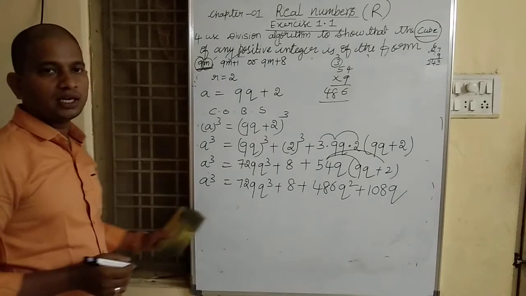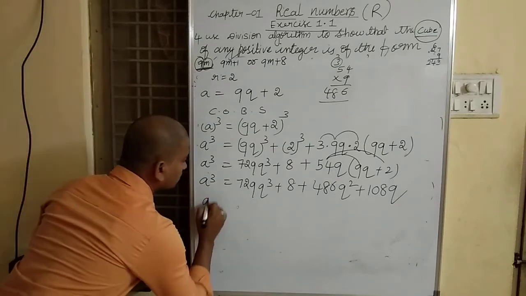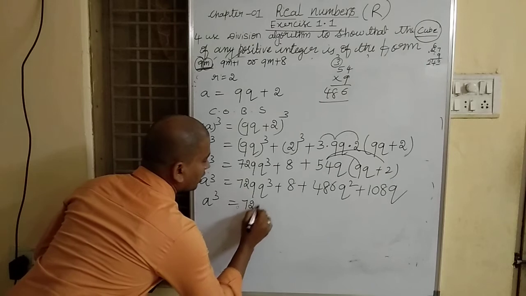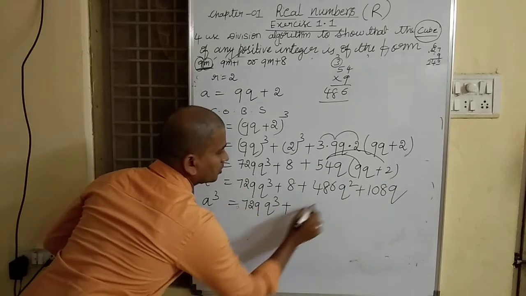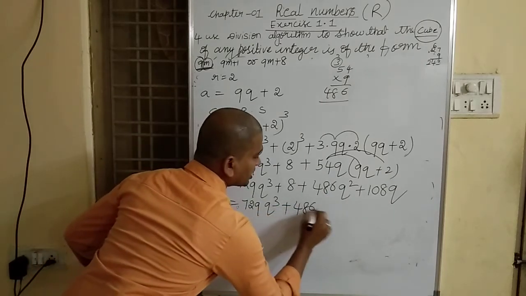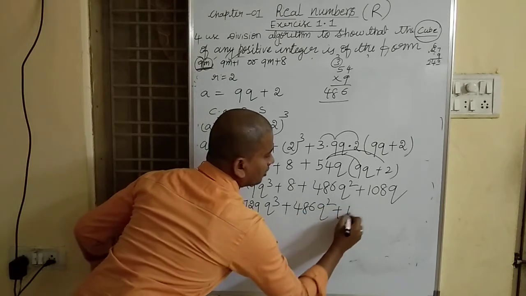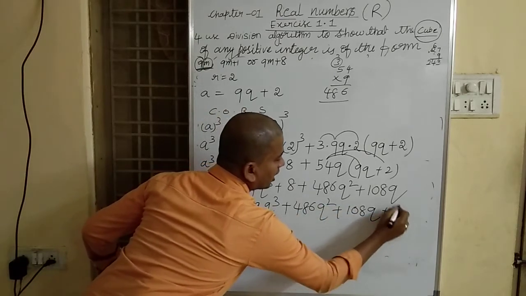Okay, let me write in standard form. So a cube equal to 729 q cube, then 486 q square, then 108q, then 8.